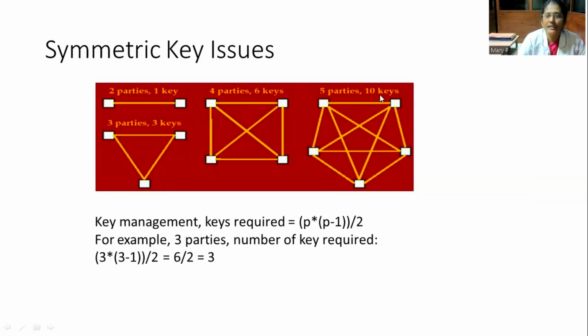If 5 parties, then we need 10 keys. So how do you calculate this key management? That is P into P minus 1 by 2. What is P? P is nothing but the number of parties. For example, if we have 3 parties, then how many keys are required? 3 into 3 minus 1 by 2. That is 6 by 2. Totally 3 keys are needed.